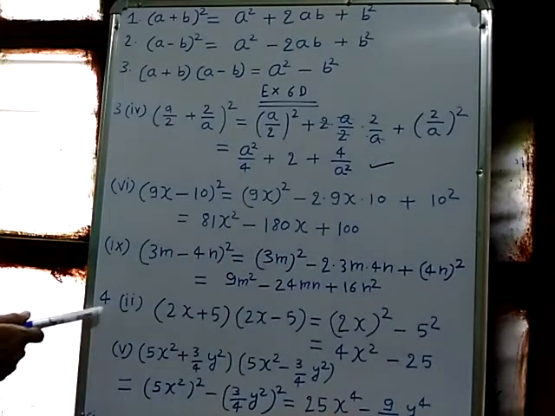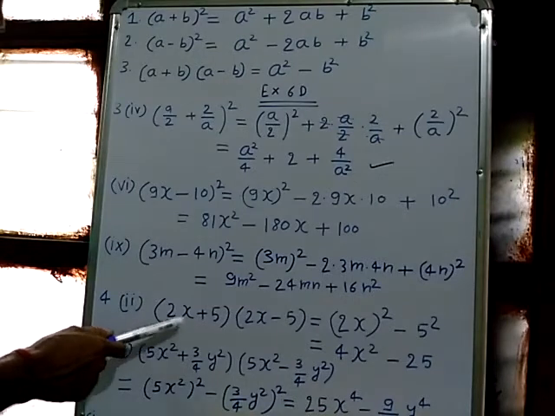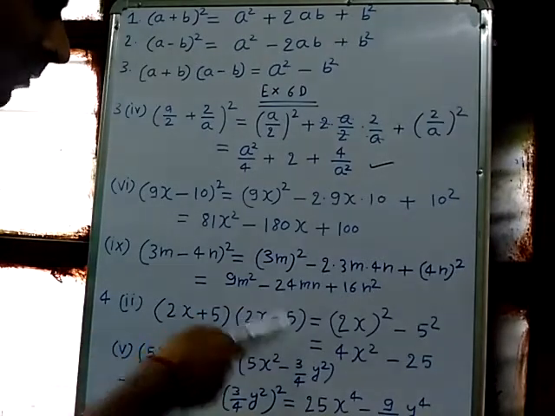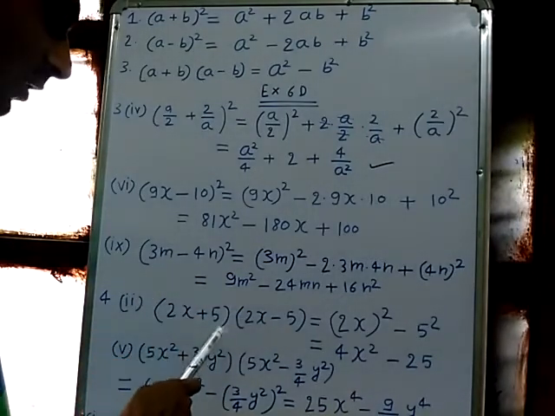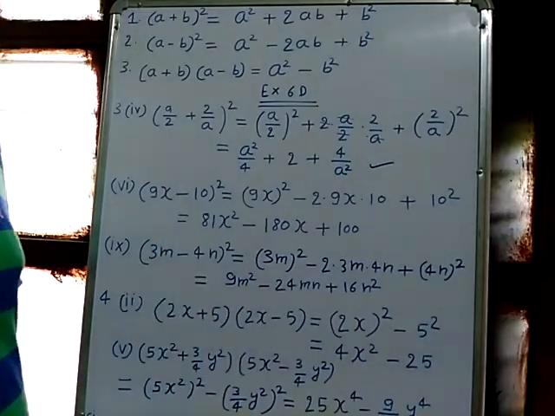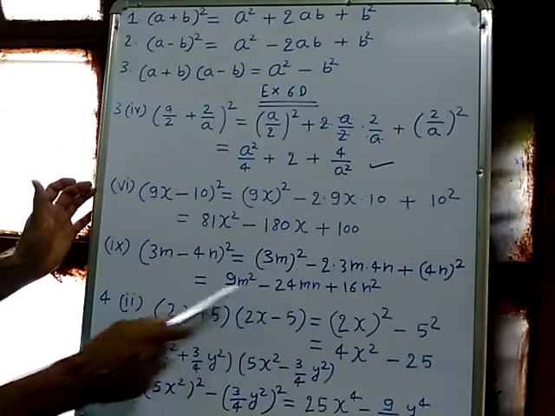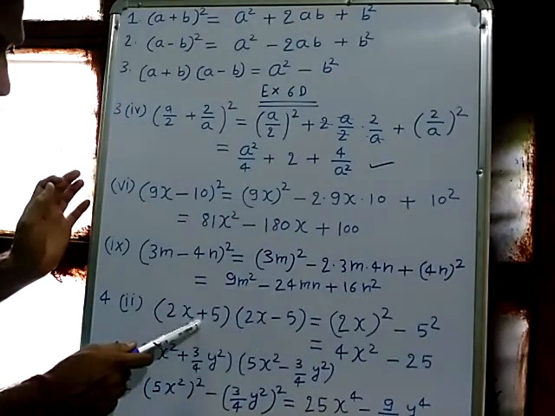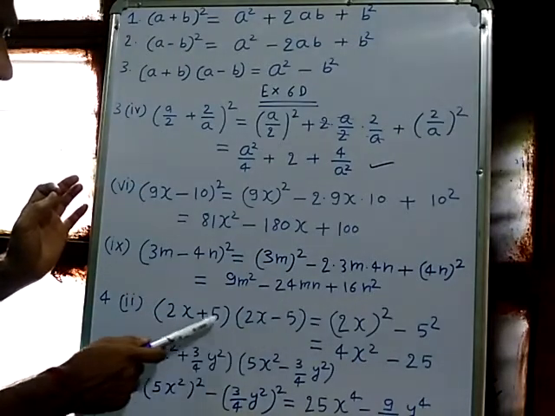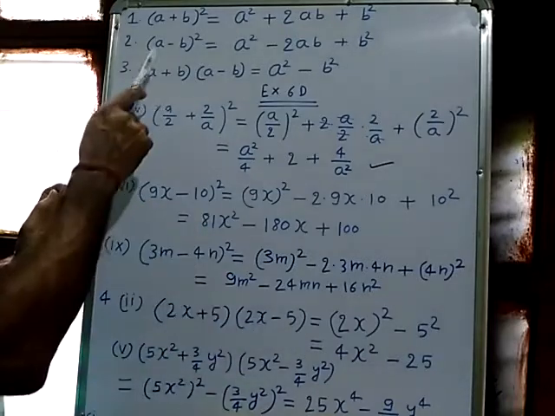Next, question number 4, its second part I am going to explain. Find the product of 2x plus 5 and 2x minus 5, meaning evaluate 2x plus 5 into 2x minus 5. Which identity can be applied? Look, 2x same, 5 same, only the sign changes: a plus there and minus there. So a plus b and a minus b. So which identity? Third.